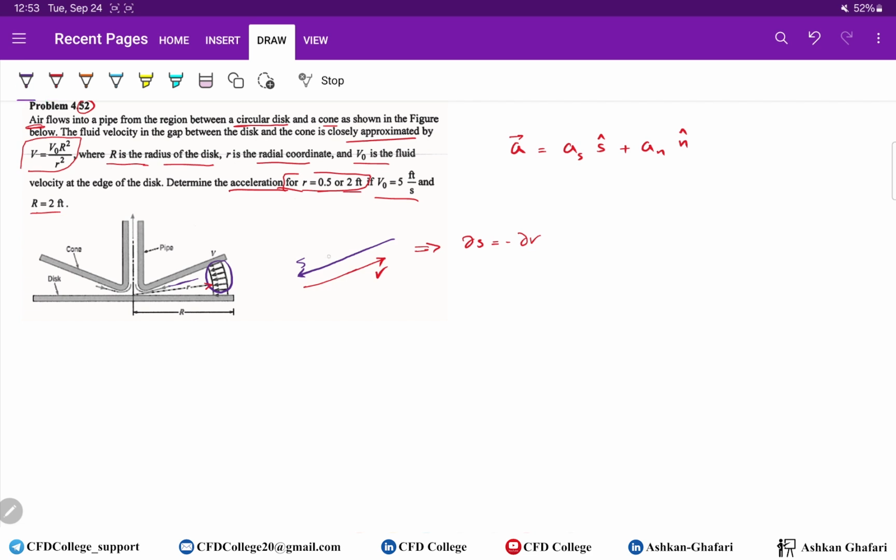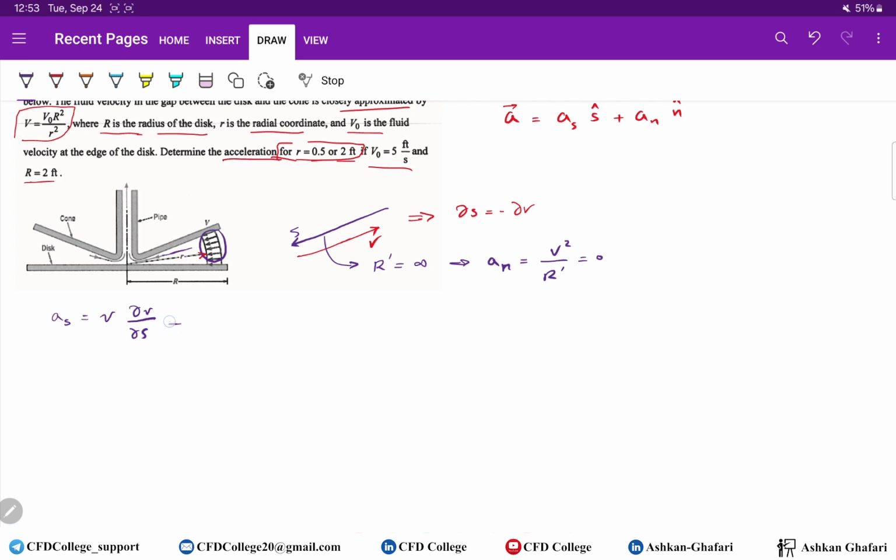Since the streamline is straight, R prime equals infinity, so an, which is equal to v squared over R prime, equals 0, and we only have as. As you know, as equals v delta v over delta s, and in this problem equals minus v delta v over delta r, because r and s are in the opposite direction.